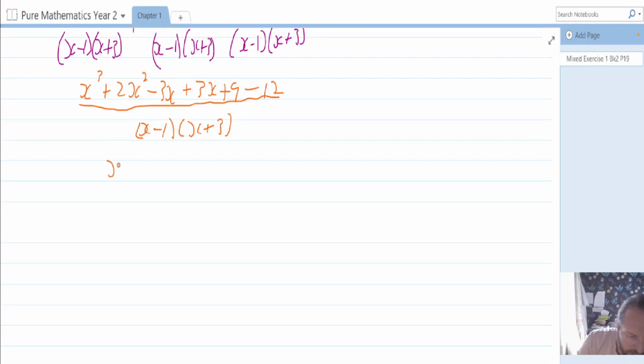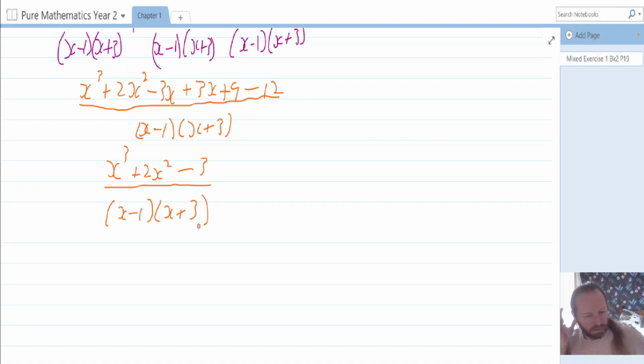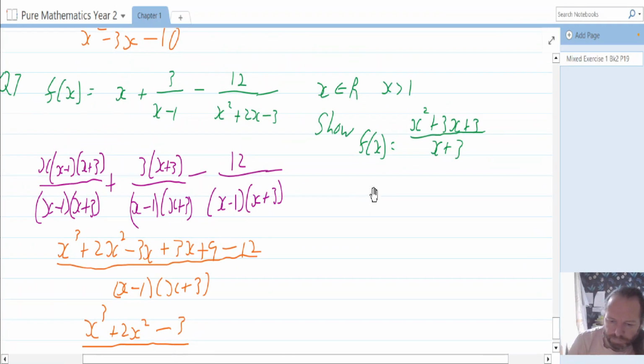So we've ended up with an x cubed term plus a 2x squared term. The x's have disappeared. 9 minus 12 is minus 3, all over x minus 1, x plus 3. Okay, what are we trying to get this to look like?